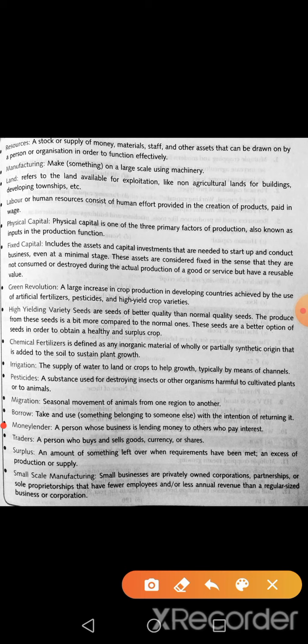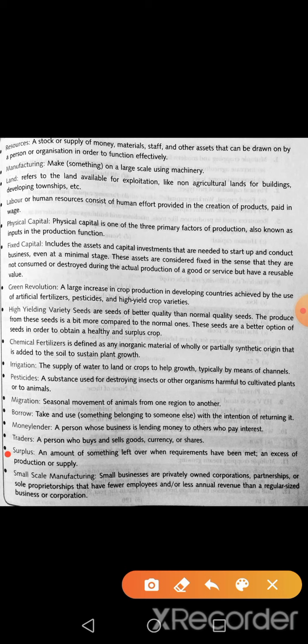A money lender is a person whose business is lending money to others who pay interest. Next one, traders. A person who buys and sells goods, currency or shares is known as a trader. In a market we can see many traders.